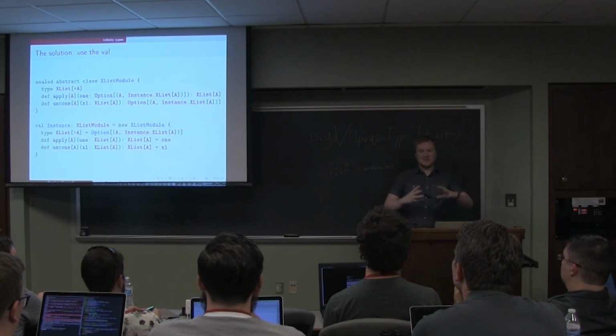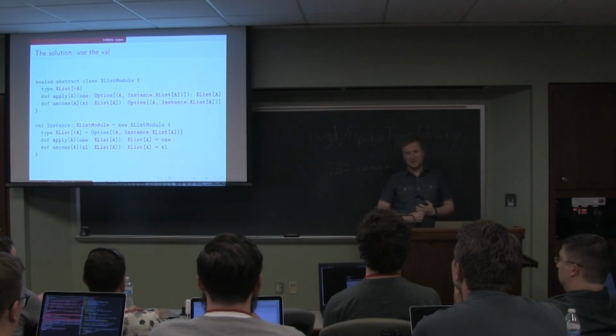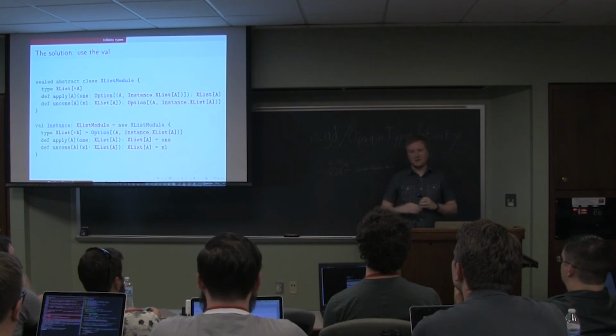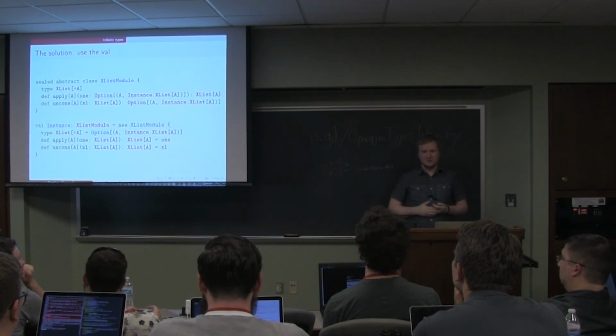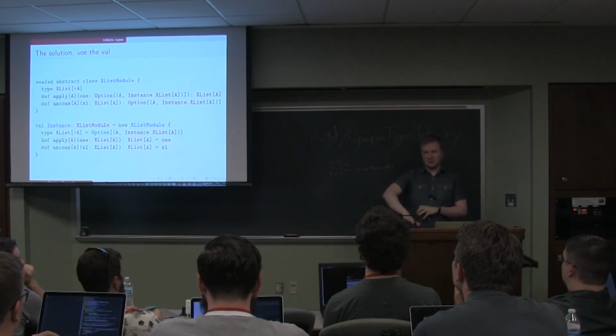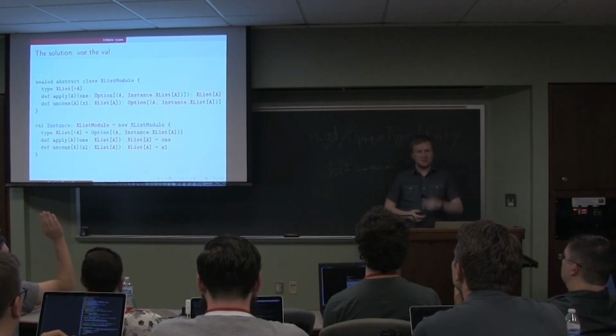So we had an instance.xlist from our view, and we turned it into an option of A and another instance.xlist. And so it unwraps exactly one layer of our infinite tower of types. And we have the opposite operation with apply, which is we push down one layer of our infinite tower of types, right? I think you were first.